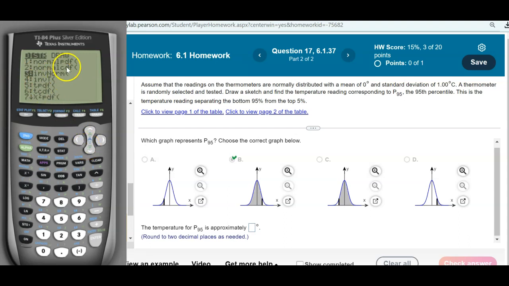Okay, so normal CDF area, inverse normal numbers, z-scores. So I need a z-score here. I know the area to the left is 95%, and this is the standard normal, so I'm looking for the mean is 0, the standard deviation is 1. So there's my number. They want me to round to 2 decimal places, so this would be 1.64 roughly.